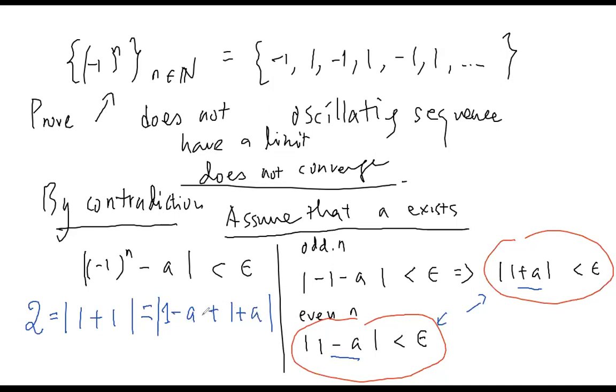The interesting part here is that once you have this form, you can think of this as one part and this is one part. Then you can apply the triangular inequality, which states the following.